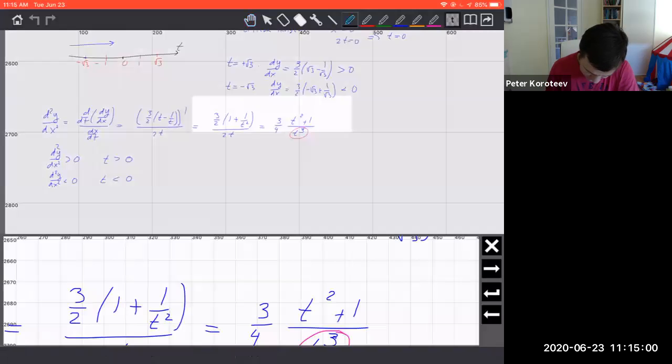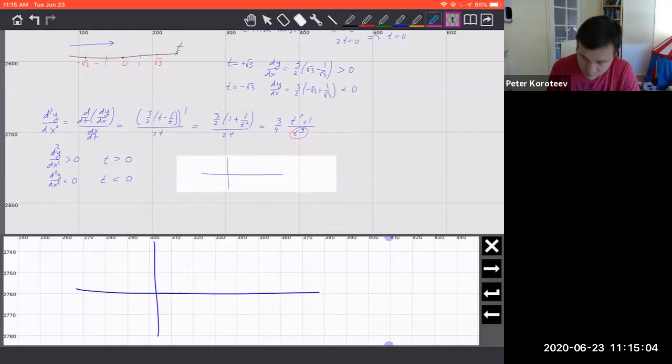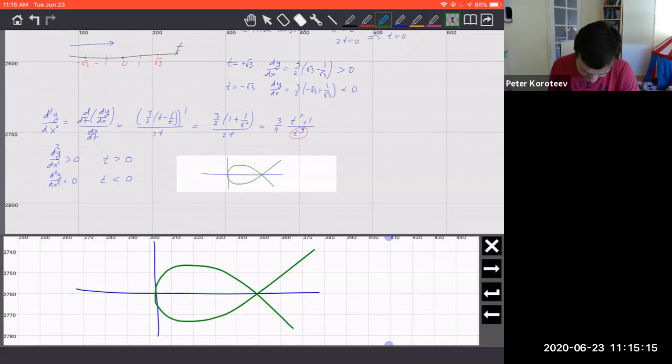So I'm just going to draw it again. I think it was green. Right, so the branch when t was less than 0.